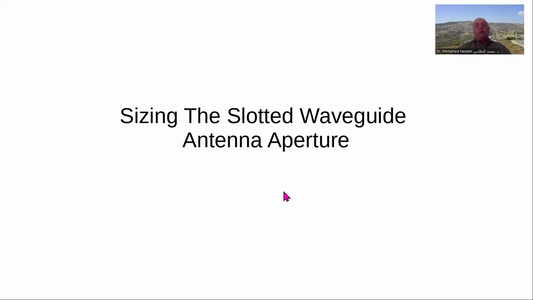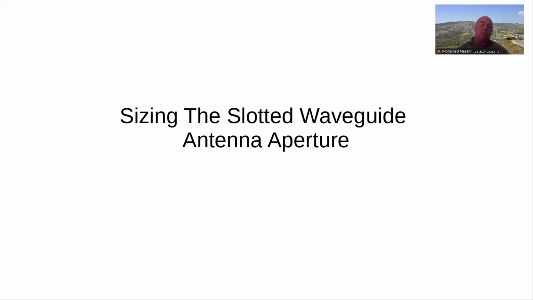Now, how do you start designing an antenna like this? The first thing has nothing to do with the lower level of the slots, their dimensions, or their placement. Basically, you want to construct the aperture first.